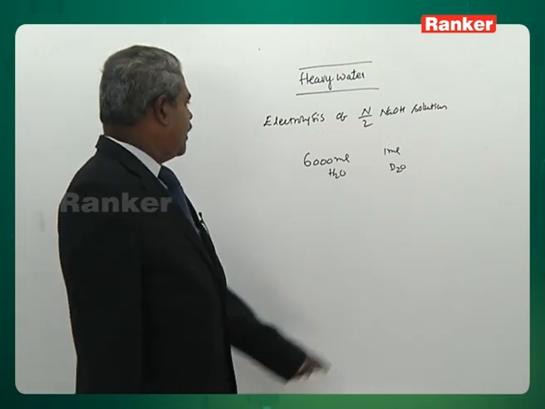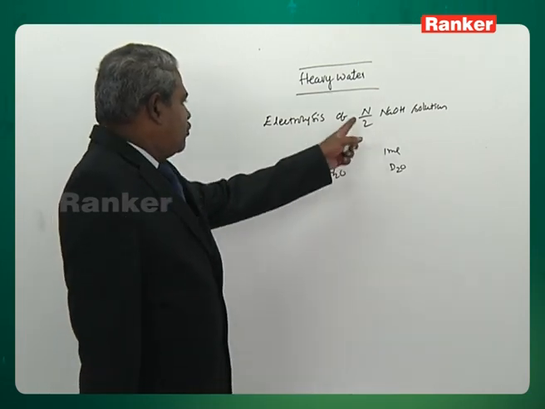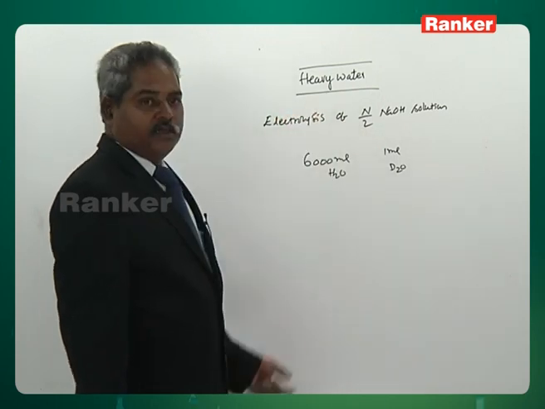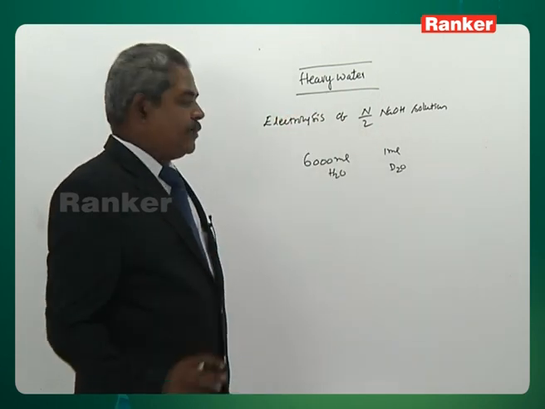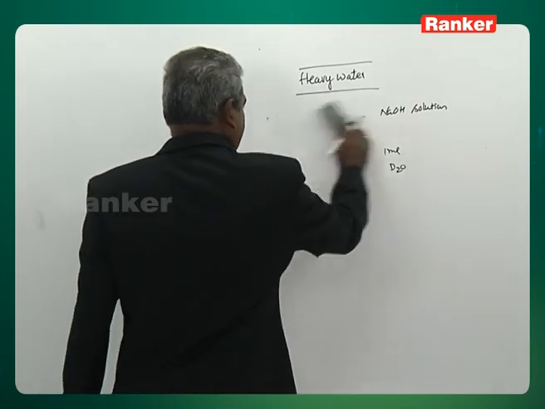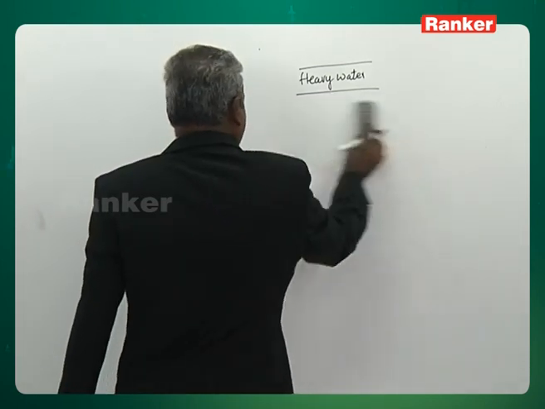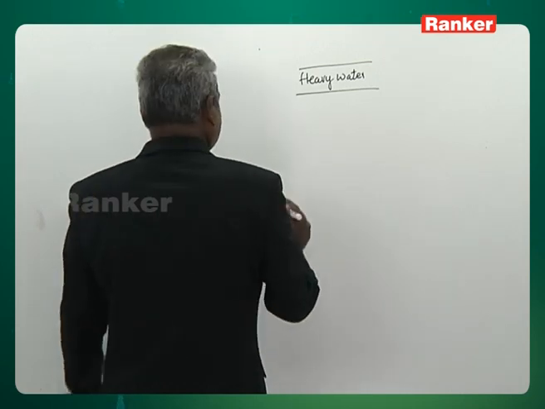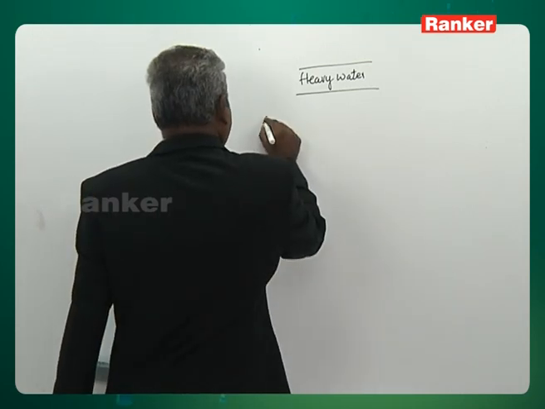So, when you electrolyze N by 2 NaOH, what happens? Water gets out first and heavy water remains. Electrolysis of N by 2 NaOH solution. And when it comes to properties, look here, physical properties.